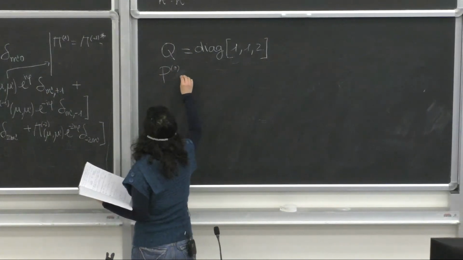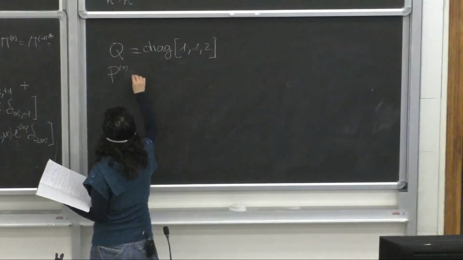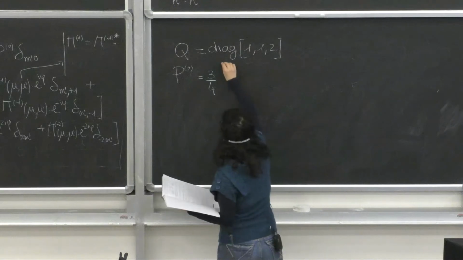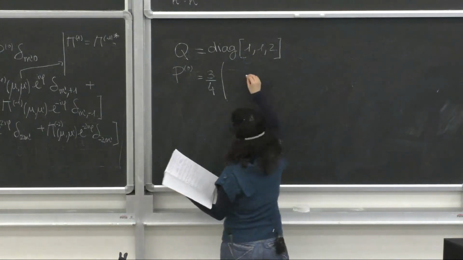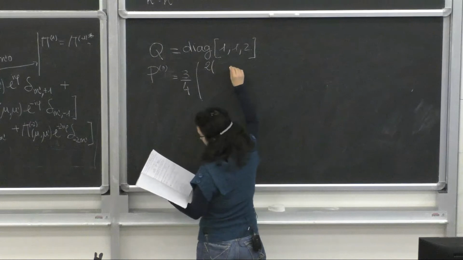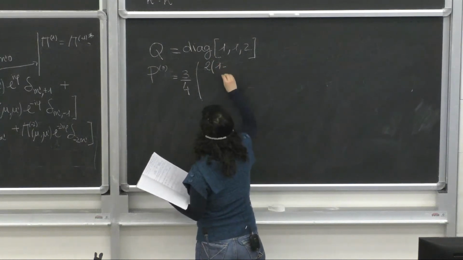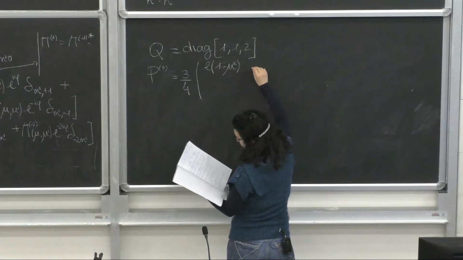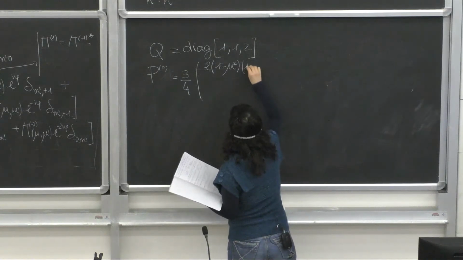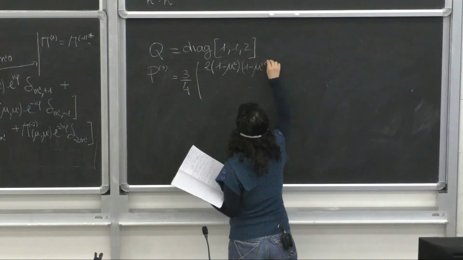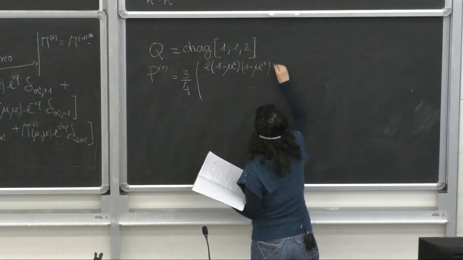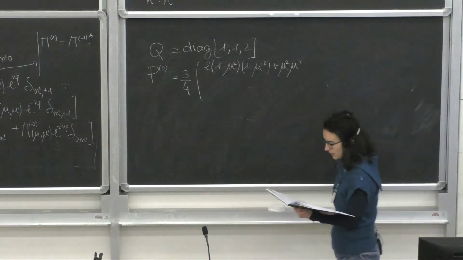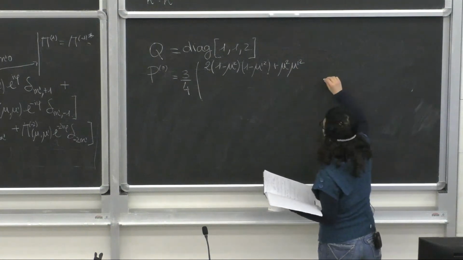Then we need pi 0, which is again a 3 by 3 matrix with these values as entries, so 2, 1 minus mu squared times 1 minus mu prime squared plus mu squared mu prime squared, sorry.